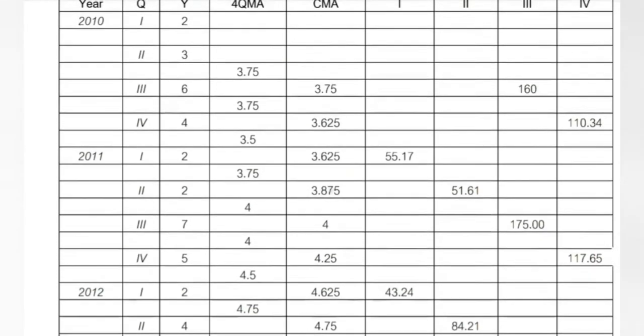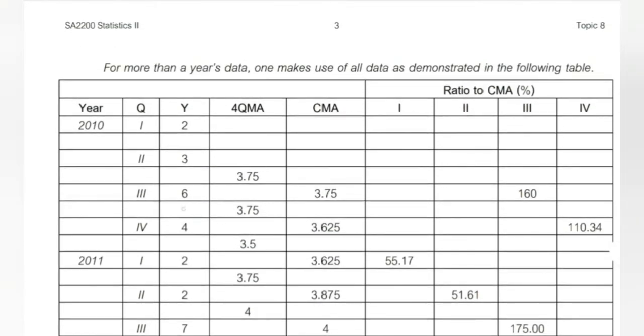After that, you can find the ratios. For instance, we don't use quarter 1, quarter 2, the first two values. We will start with 6. Quarter 3 value 6 divided by the average 3.75, multiplied by 100 in percentage form.